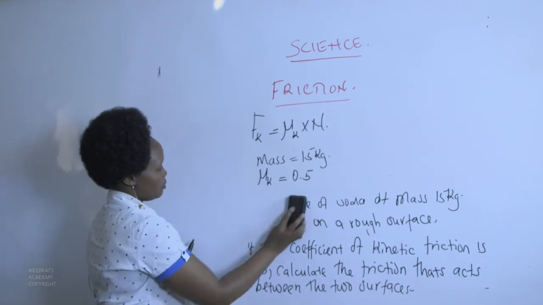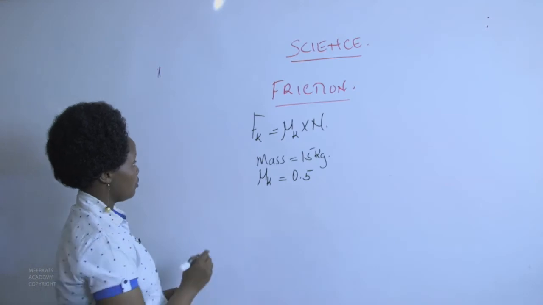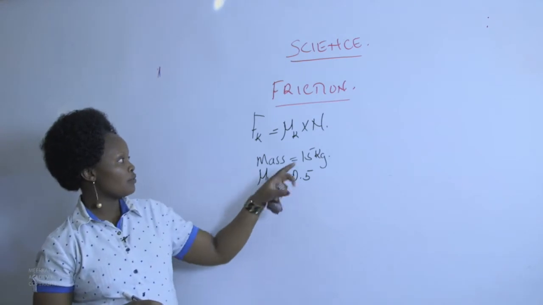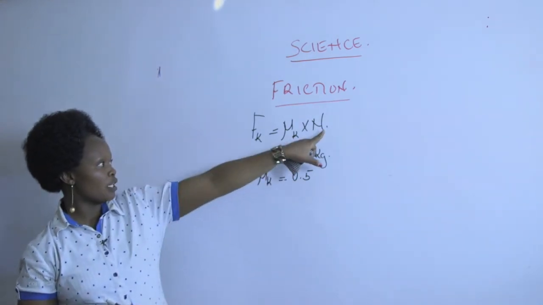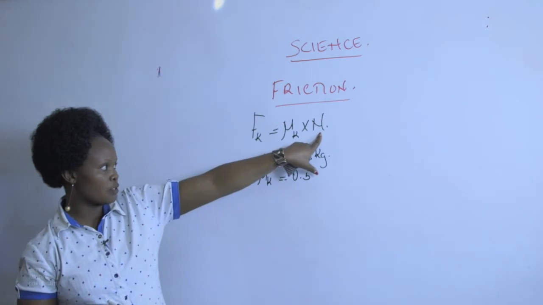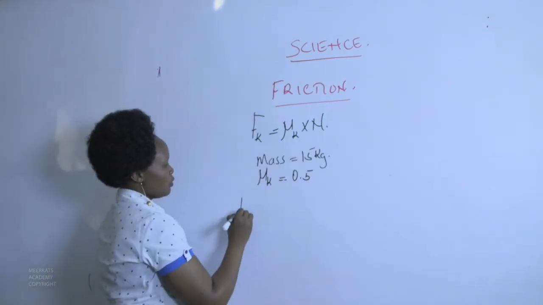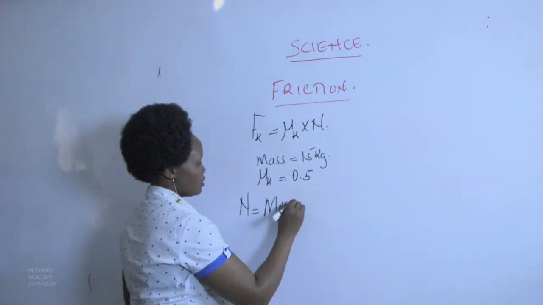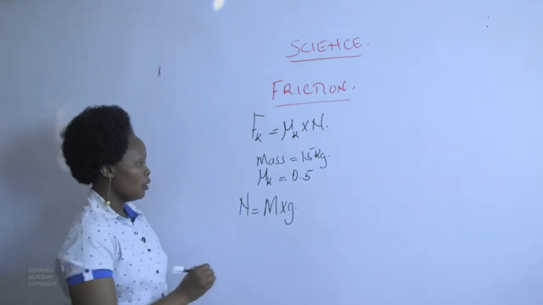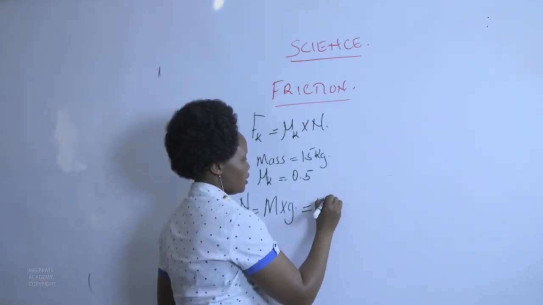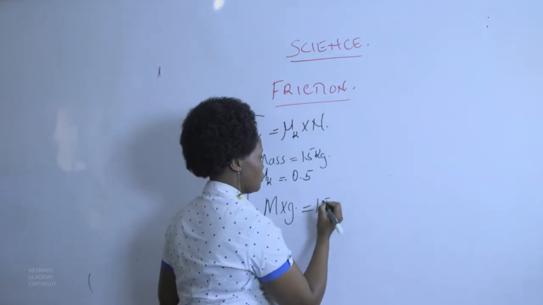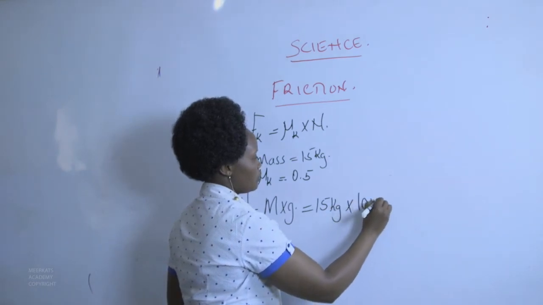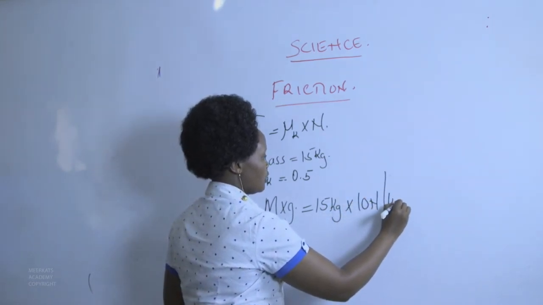So this is how you go about it. Go back to the question. You have the coefficient, you have the mass, but you don't have the normal force, or what we call the weight. So the normal is going to be given by mass times gravitational force, and your mass is 15, gravitational force is always 10 newtons per kg.